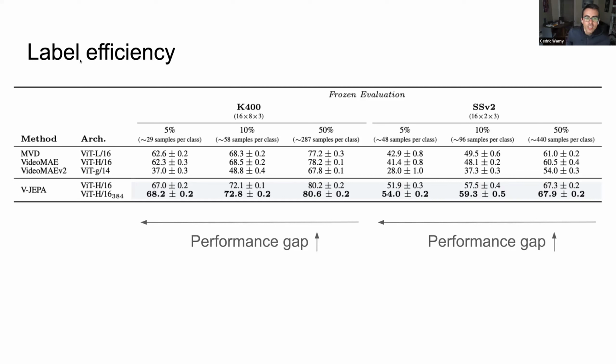Label efficiency. The message here is fairly straightforward. So they look at 2 datasets, Kinetics 400 and Something-Something V2, which again are motion or action classification datasets or tasks. And they compare V-JEPA to MAE again.